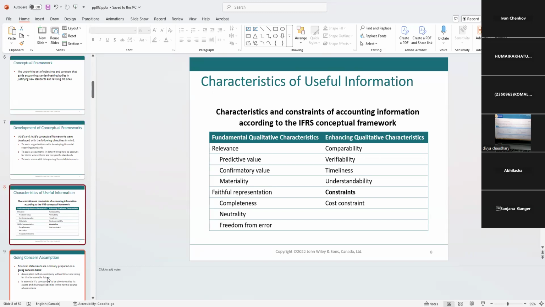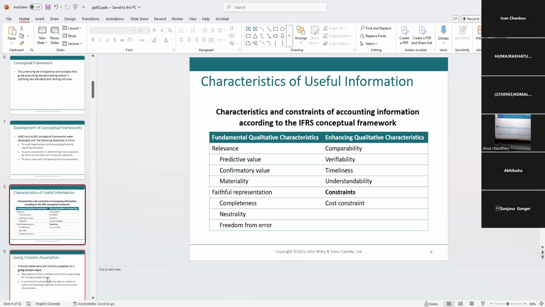And financial statements are prepared in an understandable manner, so a user with sufficient information and understanding of financial statements can interpret that information and make intelligent decisions.